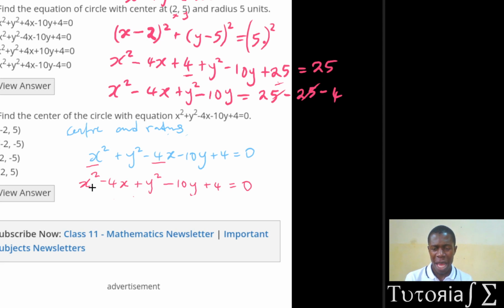Okay, so for the x part, how do we complete the square? We write x, then whatever sign is there, if it's minus, we say minus, then whatever number is there, we say 4 over 2, then we group that and square it, always over 2. Then we say minus whatever number we have here, which is 4 over 2, then we square it.